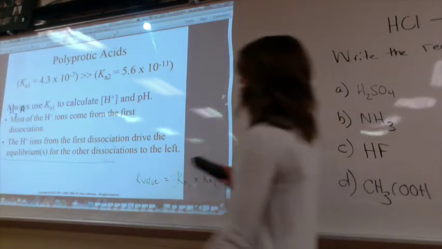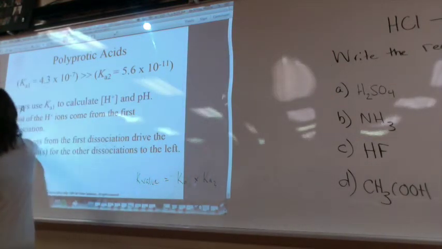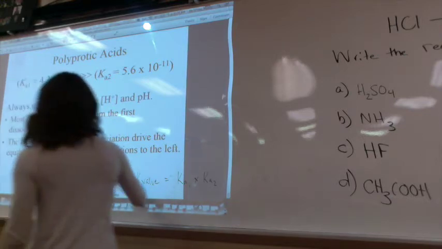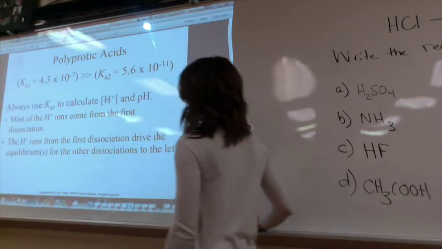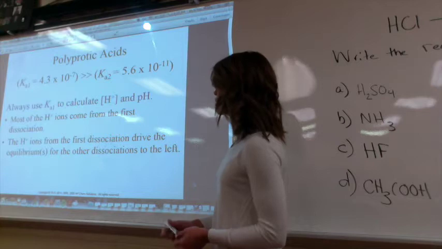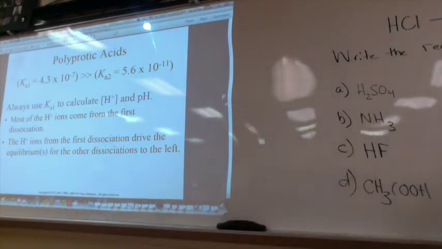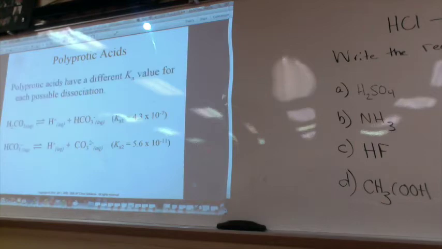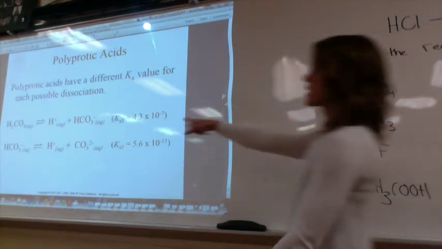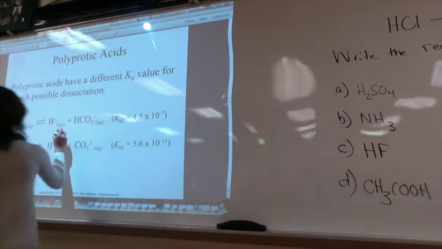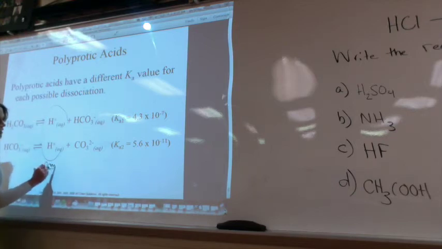And this is what I just said before. Always use Ka1 to calculate H plus and pH. Most of the H plus ions come from the first dissociation. The H plus ions from the first dissociation drive the equilibrium for the other dissociations to the left. So let me just show you what that means. If this H plus comes off first, what it's saying is that you have a common ion here.